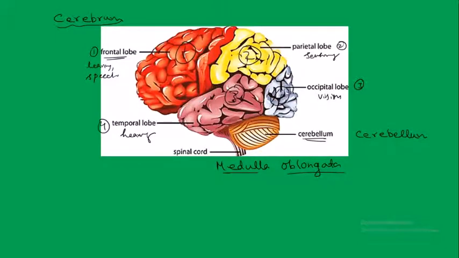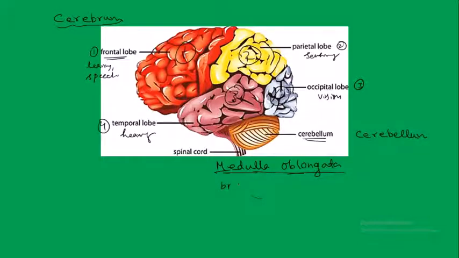Some vital functions such as breathing, sleeping, coordination of body movements such as walking, and digestion are all regulated by the medulla oblongata. Though it acts as a connection between the brain and the spinal cord, by itself it is also regulating some functions.